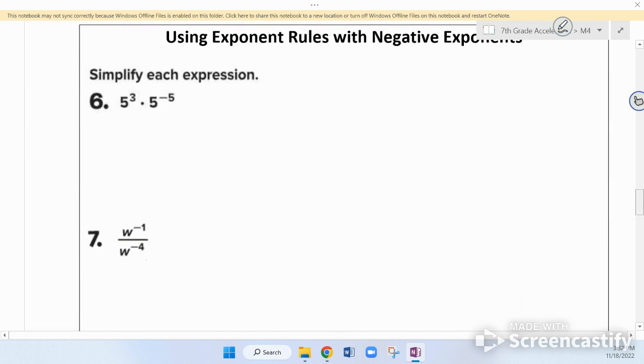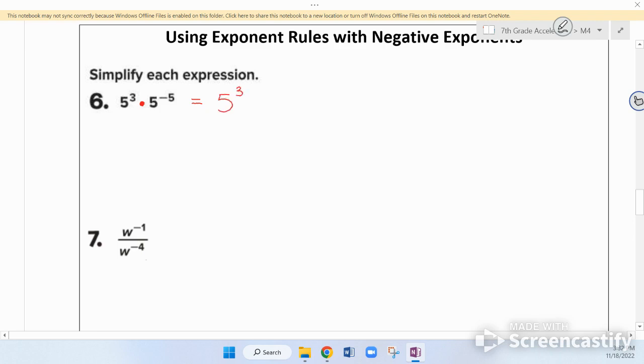All right, now we're just using the rules. So negative exponents just fit into the rules just as you'd think they would. So if we're doing the product of powers, we're multiplying powers, then we keep the base and we add the exponents.